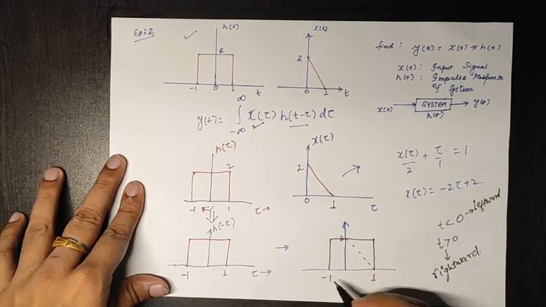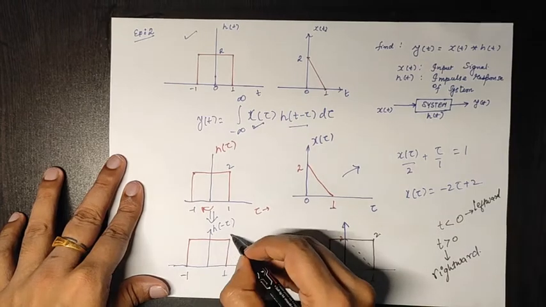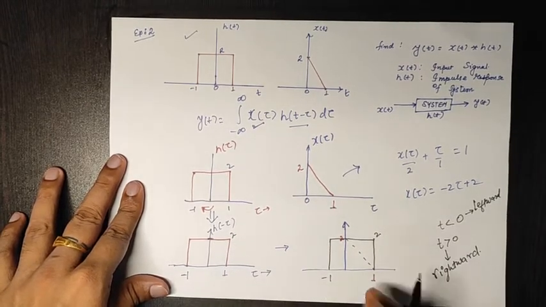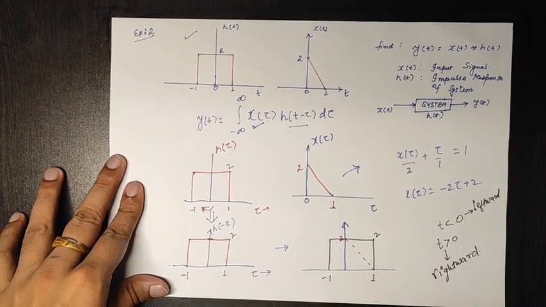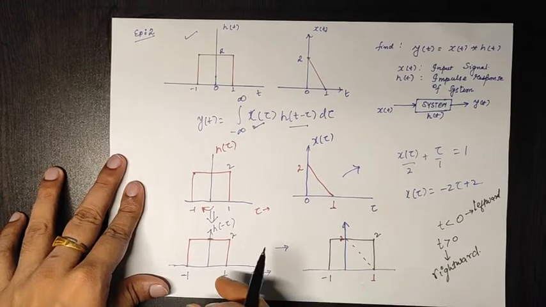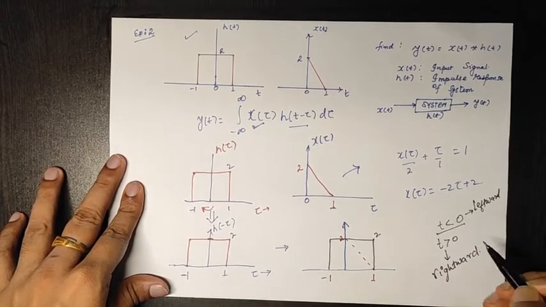This is minus 1 and this is 2, and it is symmetric. Now let us first do the leftward shifting, for all values of t less than 0.